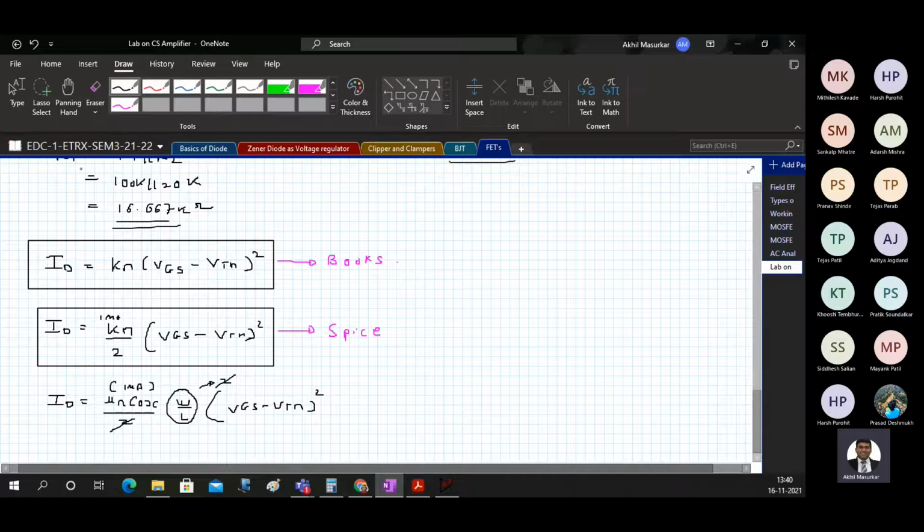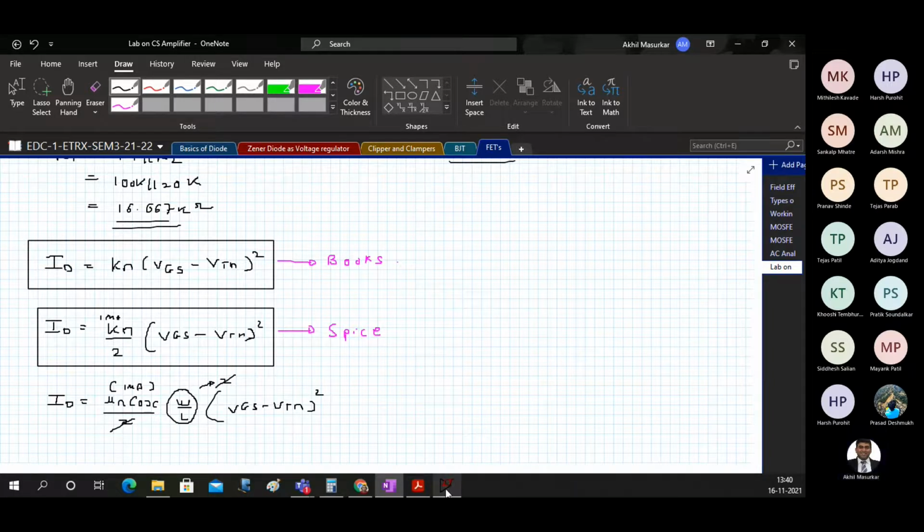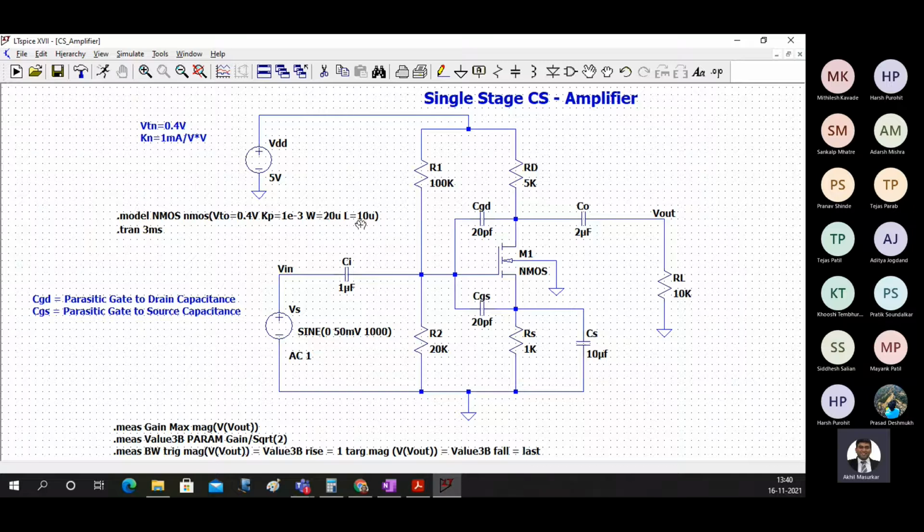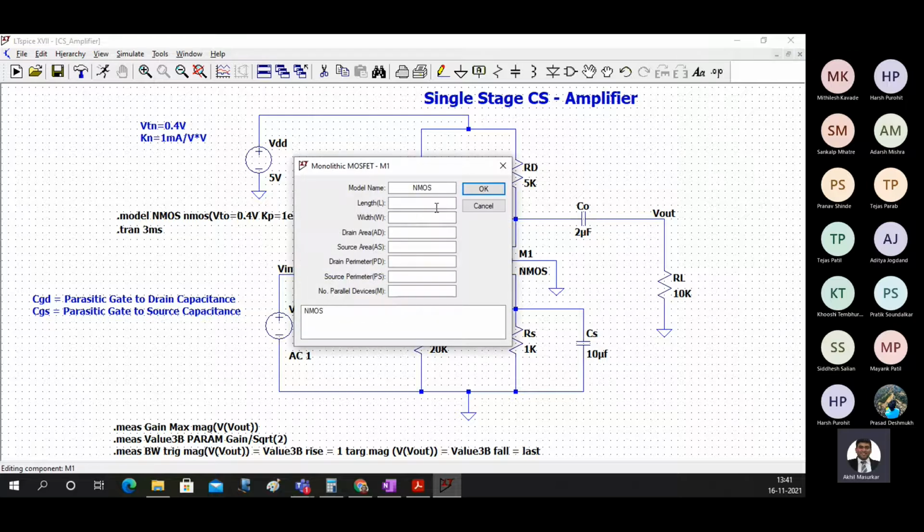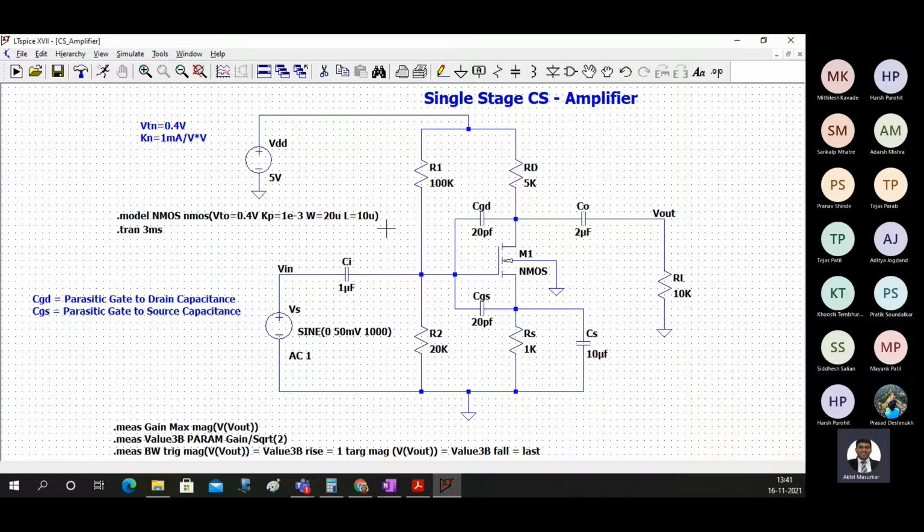So that is the adjustment that we have done using the width and length options of the MOSFET. We have given the width as 20 microns and length as 10 microns. Now you can specify that length and width here also, or you can give it through the dot model. It is totally up to you. Now why is this facility given?